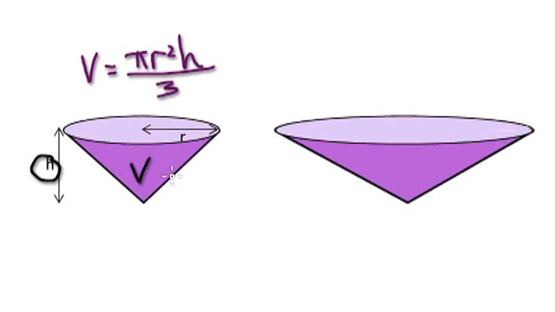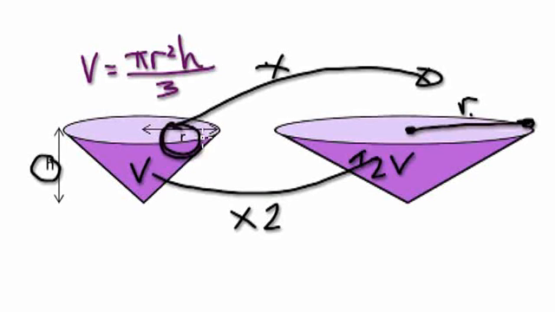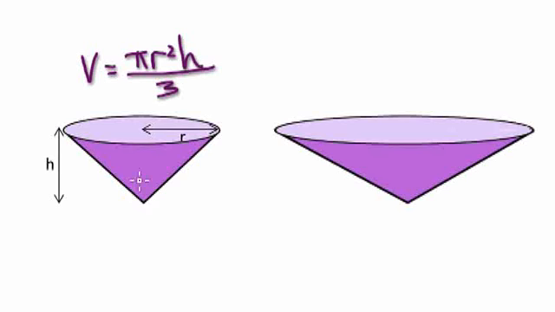This one has a volume of v, this one has a volume of 2v. What happens to the radius? How much does this new radius grow by? What's the scale factor? When we times the volume by 2, what do we times the radius by? That's the second part of the question. The first part is write down the relationship between the radius and the volume. So press pause and have a go.